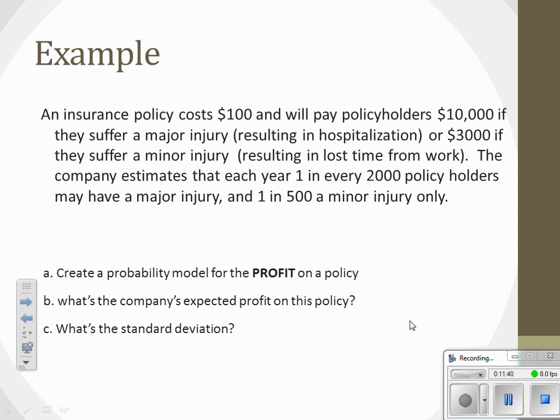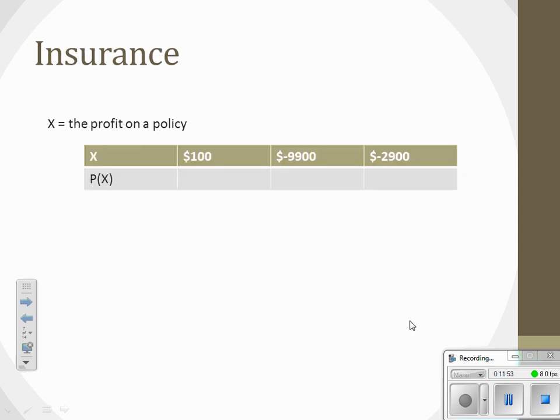So we're going to go ahead and create the probability model for profit. And once we get this probability model, we can start to figure out the expected profit and then the expected standard deviation. So, most policies we're going to make $100 profit.